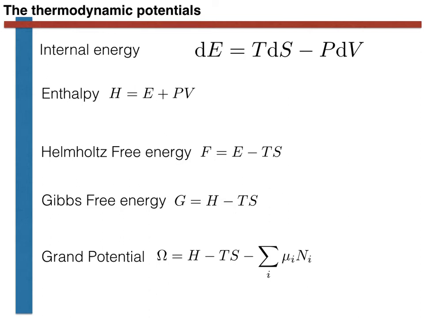The sum here runs over all the chemically distinct species that the system is composed of, and the mu_i's and N_i's are the chemical potentials and numbers of atoms of each of these various components.